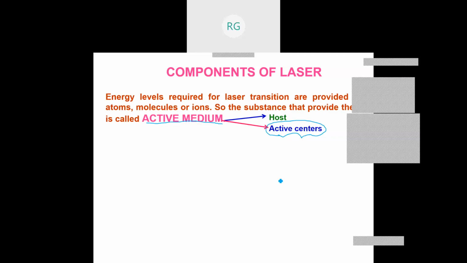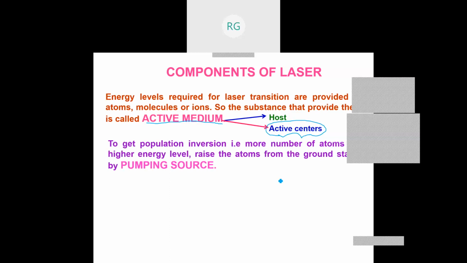And therefore, the next important component or part of a laser is the pumping source. We know that to get lasing action, more atoms must be in the higher energy level than the lower energy level, and this state of having more atoms is called population inversion.